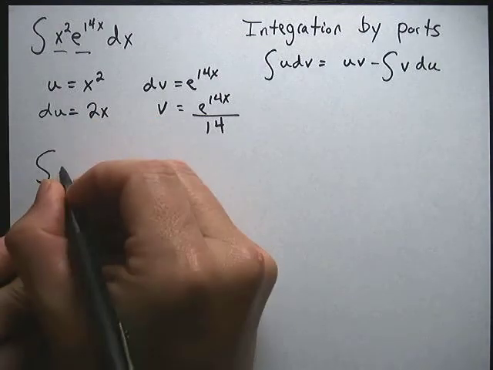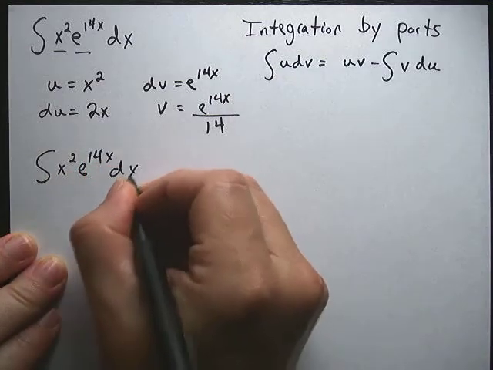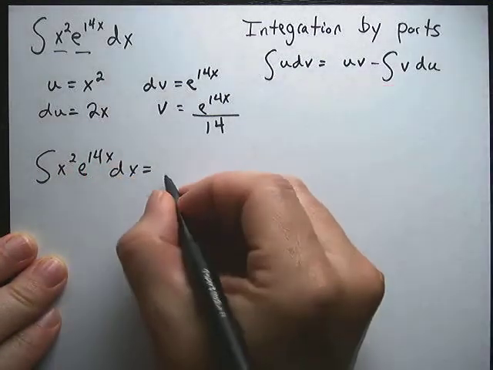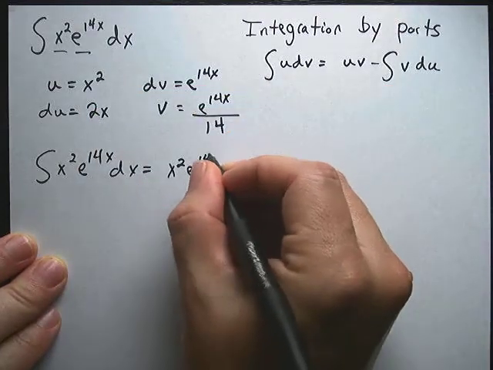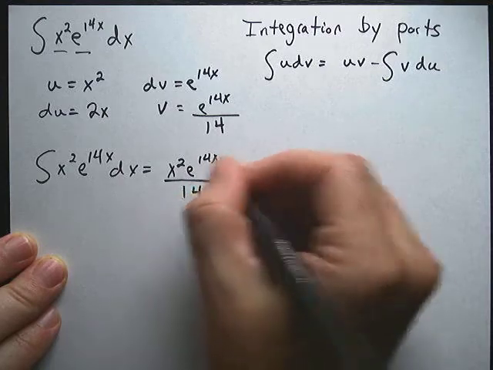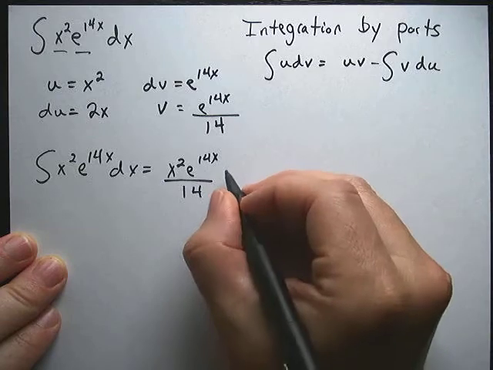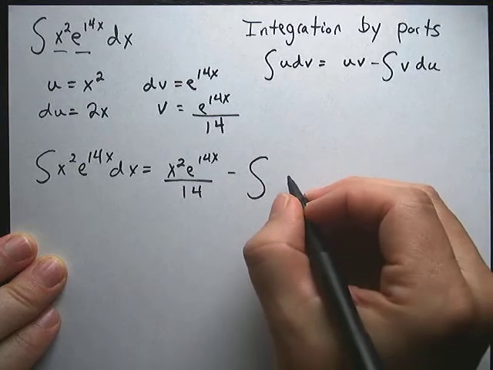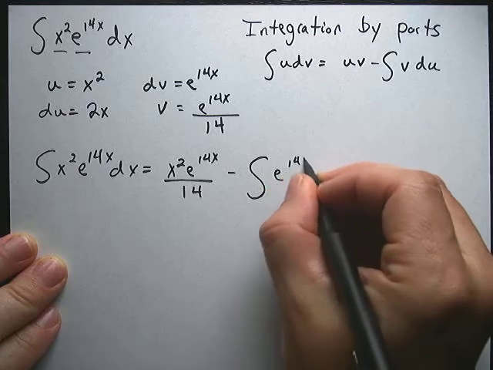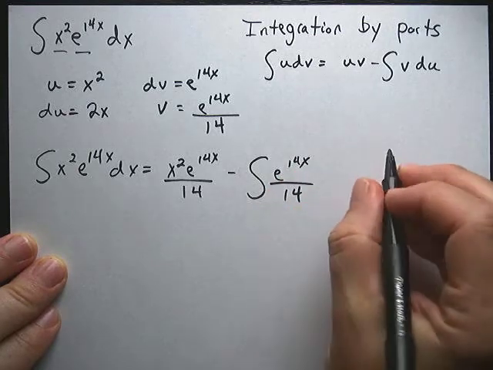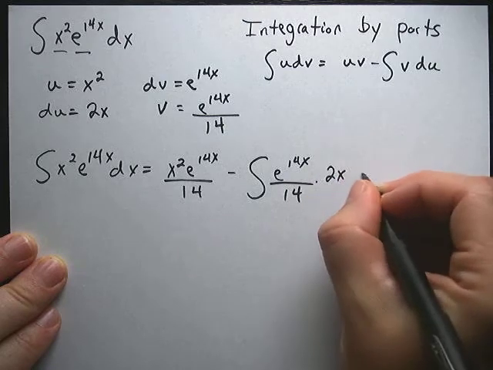So let's write out first the integral of x squared e to the 14x dx is equal to, okay, u, which is x squared, times v, which is e to the 14x over 14, that's our first term, minus the integral of v du, so v being e to the 14x over 14, and du being 2x dx.